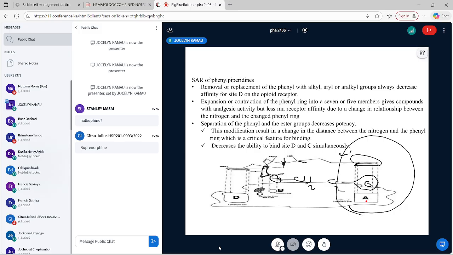Although the groups at position 17 are between 5 and 10 carbon atoms, those compounds have agonist activity rather than antagonist activity, because they are able to interact with an allosteric site A, which is found within the opioid receptor, and therefore give you agonist activity.